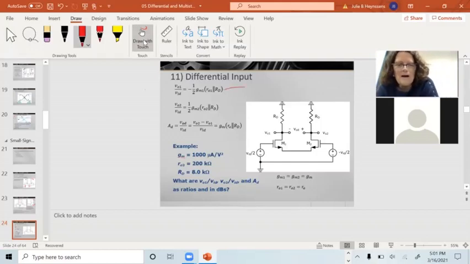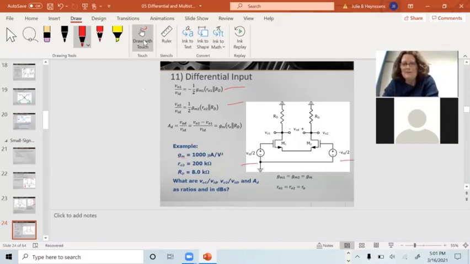Right here, I get the gain of one of the sides. It has a negative sign because I have a negative VID over 2 on it. One of them has a negative input, the other one doesn't.